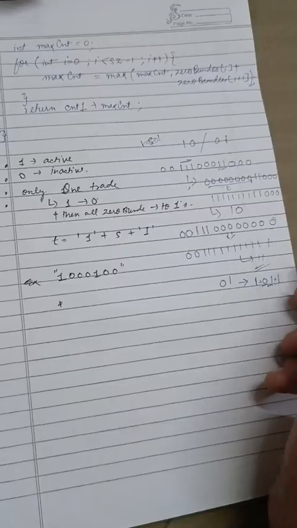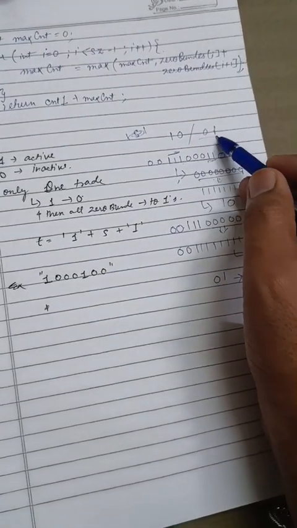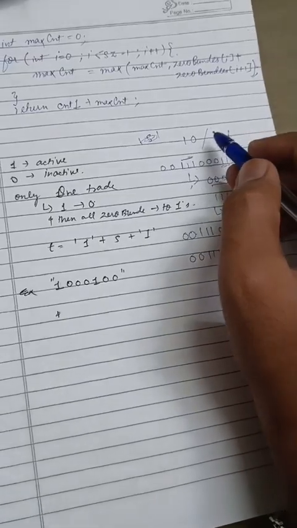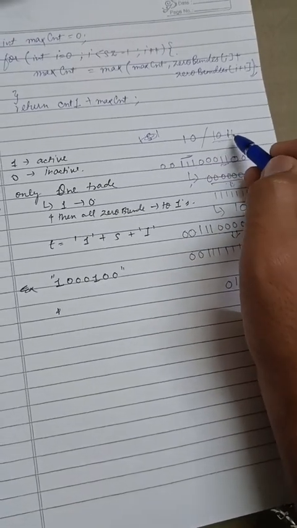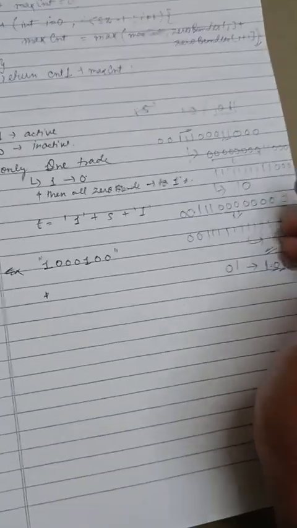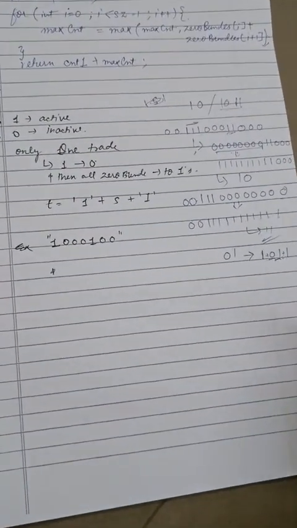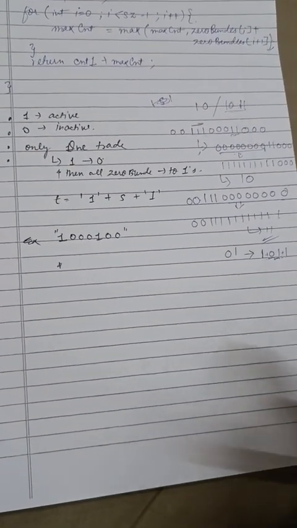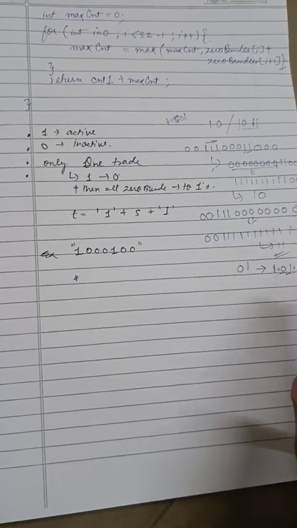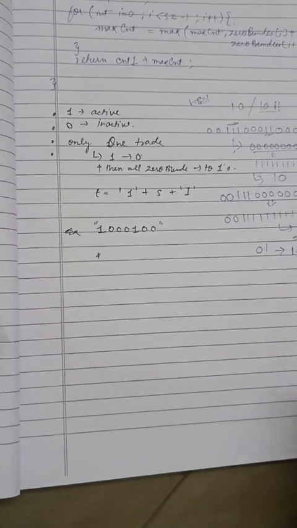These two ones will not be counted in the answer. So if the test case is like this, since this 1 is not surrounded by 0, because it will be like this, right? This one is not surrounded by 0, so you cannot convert it. So the condition is the same: the bundle of 1 must be surrounded on both sides by zeros.